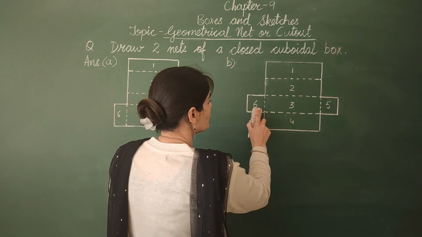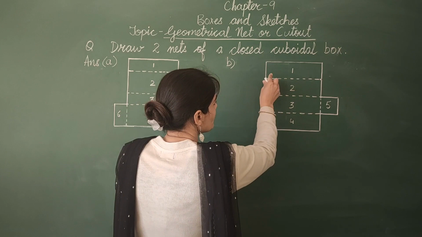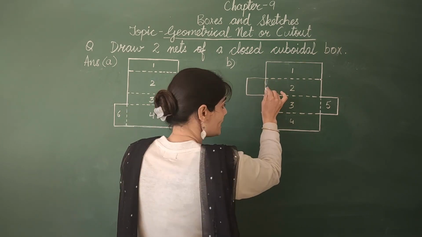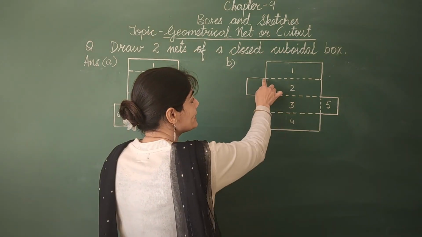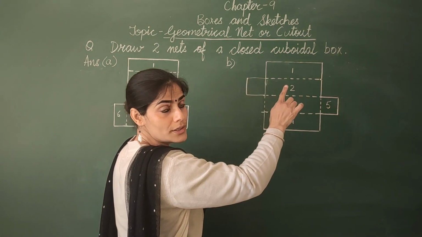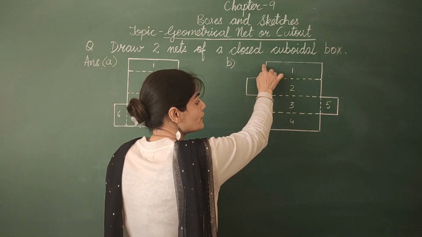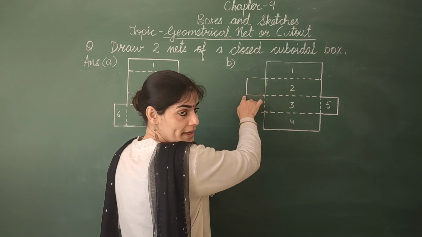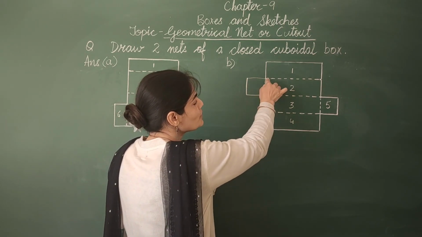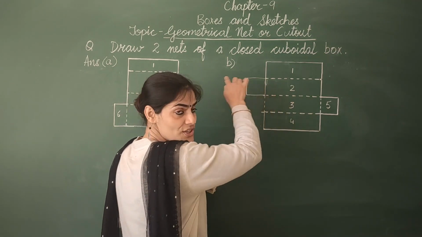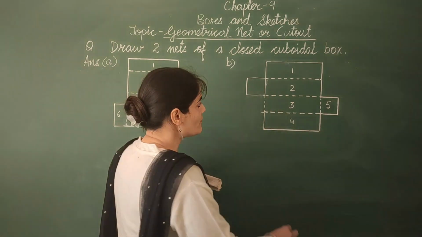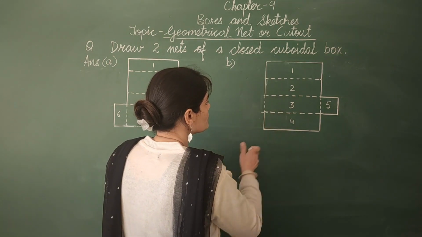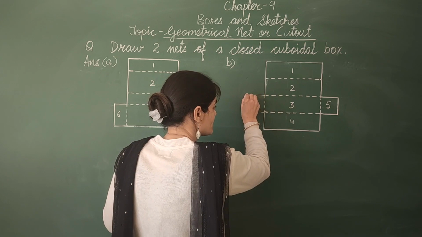I could have drawn the 6th face here also, keeping the same thing in mind, that the length should be equal to the breadth of face 1 and face 3, and the breadth of this face should be equal to the breadth of the face beside which I have drawn it. Clear everyone? So it is all our choice. The way we want, we can draw the side faces.